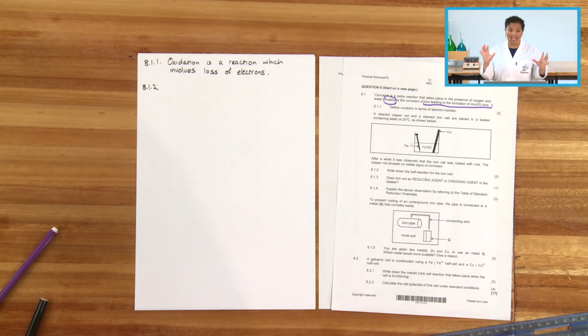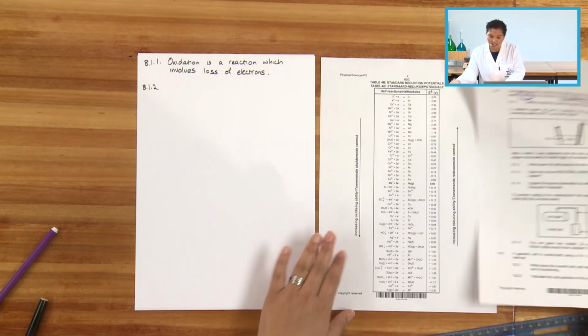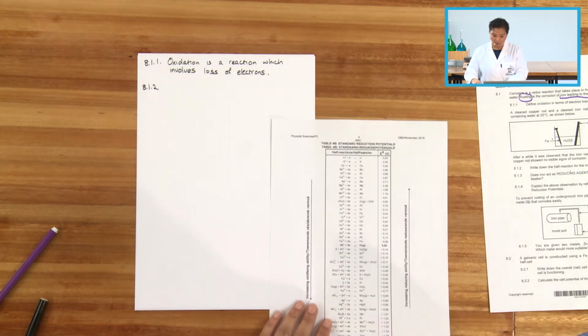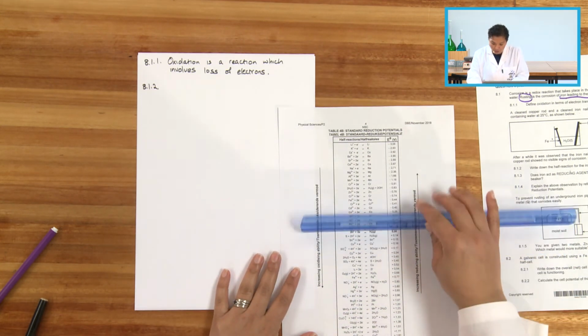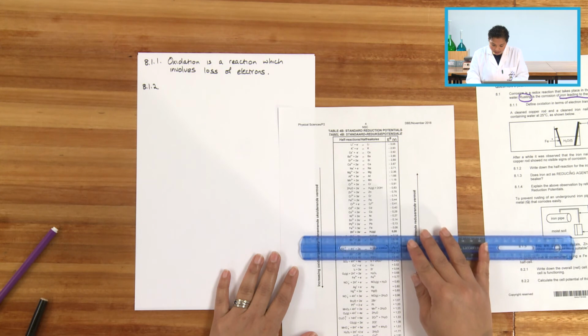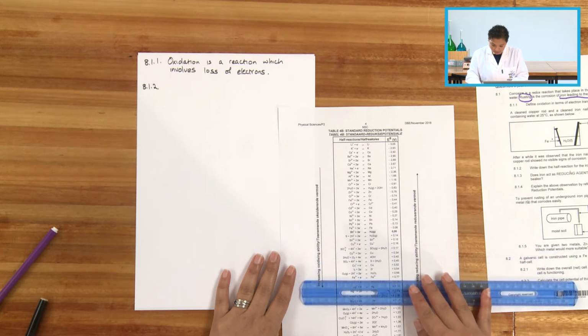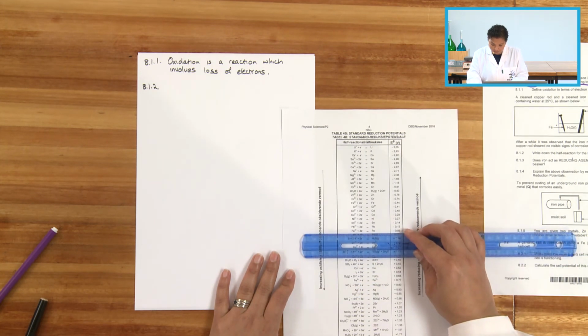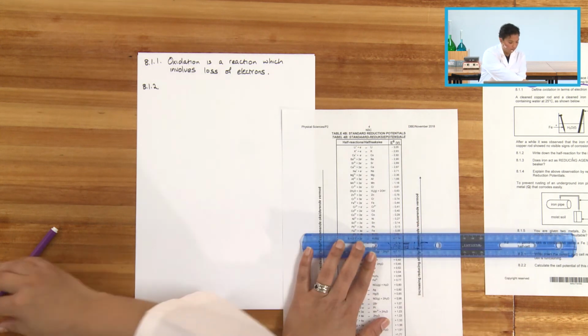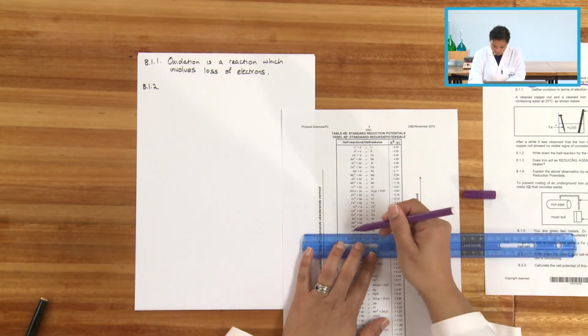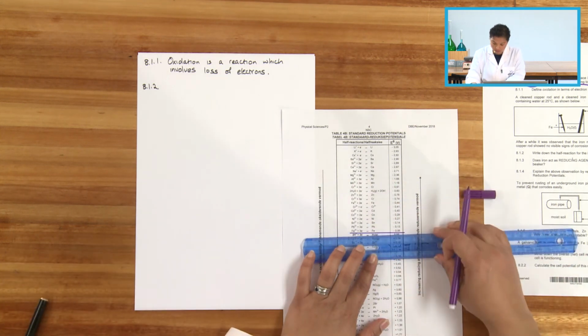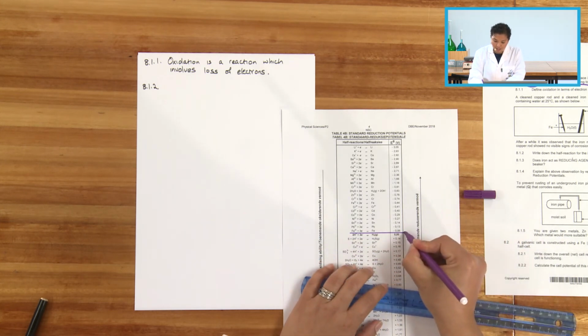So it's telling me exactly what's happening to the iron. So let's go and have a look at our table 4b. I need to go and find iron 3 plus and iron. There we are. So there it is. It's this reaction over here.